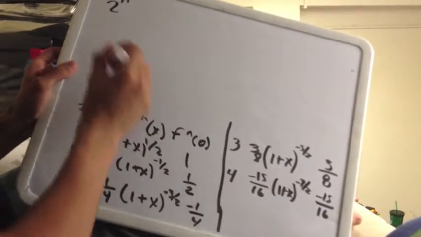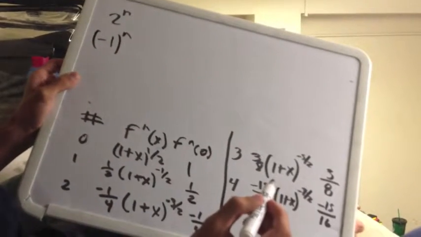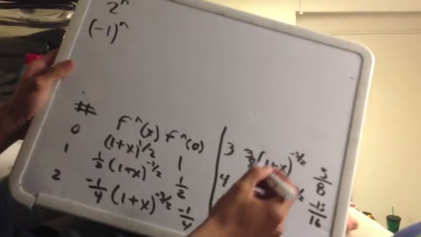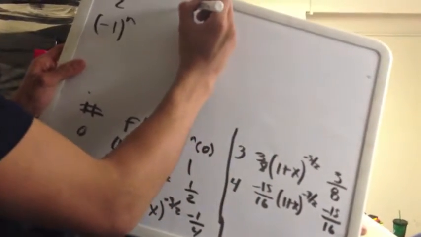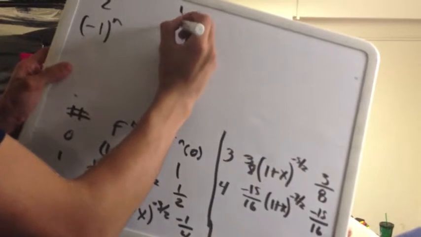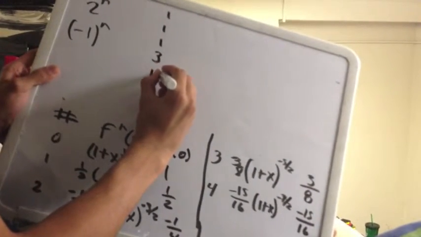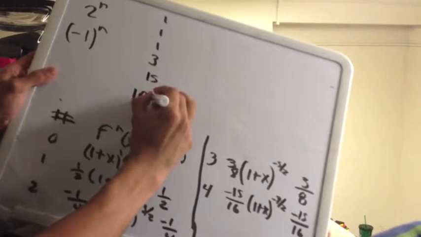The signs are changing, so we're expecting a negative 1 to some power, alternating signs. And, okay, here's the weird part. The numerators change to 1, 1, 1, 3, 15, and then if you do it again, you get 105.